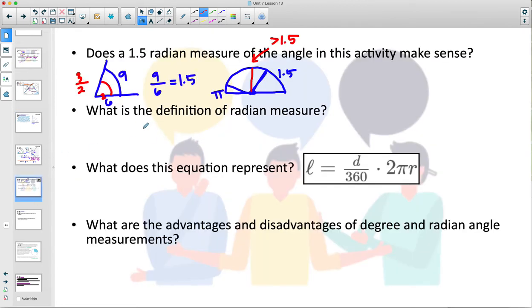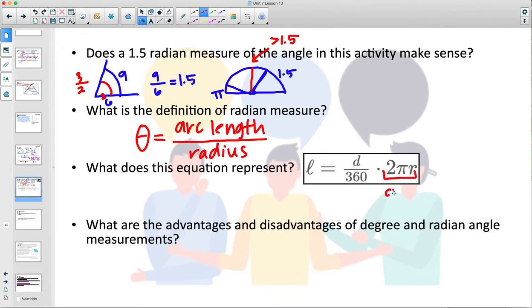What is the definition of a radian measure, which we just talked about again? The radian measure is equal to the arc length divided by the radius. So that's a radian measure. What does this equation represent? We see 360 degrees, and this is the circumference formula.